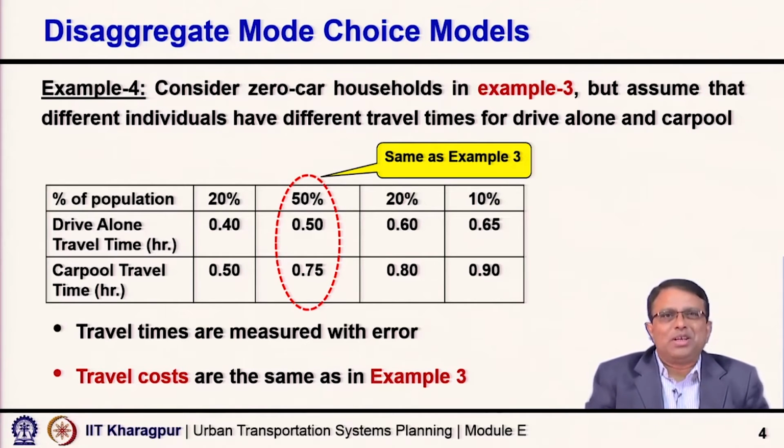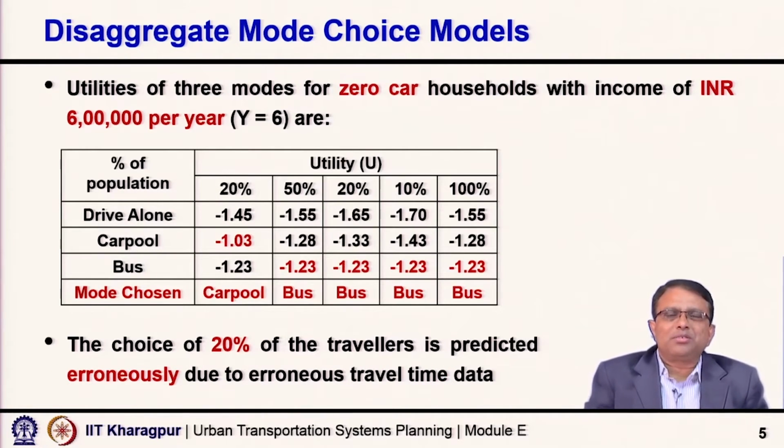Suppose if it is so, as I said in this example, then what will be my predictions? Now, as per the actual travel time, for each segment you calculate the utility of drive alone, carpool and bus, and make the prediction as per the utility maximization principle.